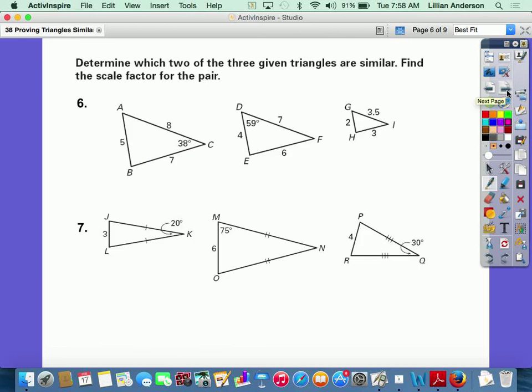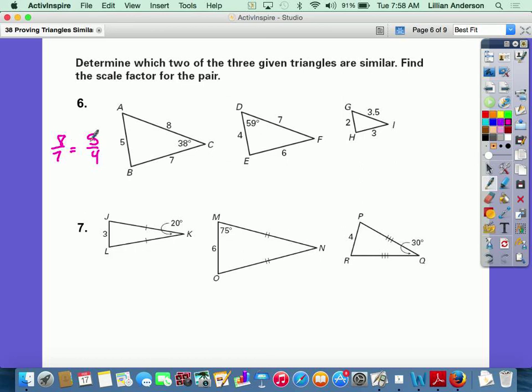Number 6, which 2 are similar and find the scale factor? Well, it's going to be very simple for us to do here. We're just going to have to compare our sides. So 8 would go with 7. 5 would go with 4. Are these the same? No, they're not.